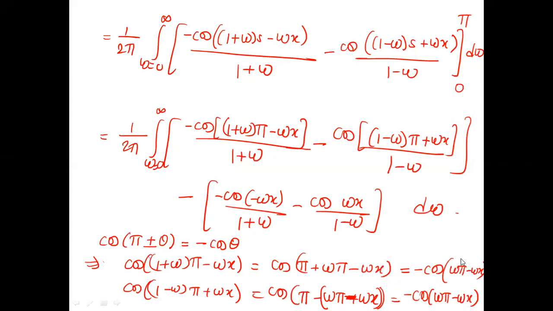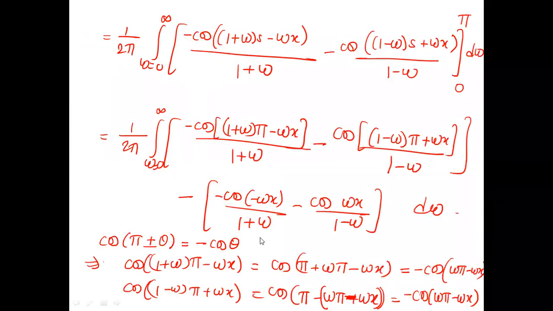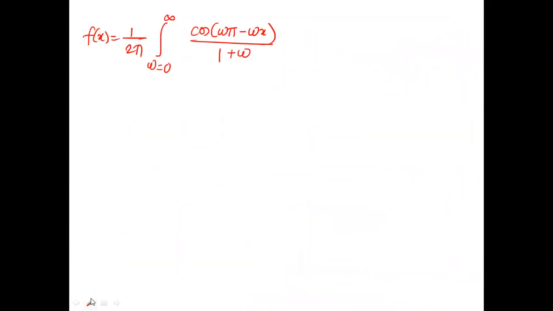Plus cos omega pi minus omega x upon 1 plus omega. Then for this, you are going to write minus of cos. Minus is already there, so it is plus cos omega pi minus omega x upon 1 minus omega.